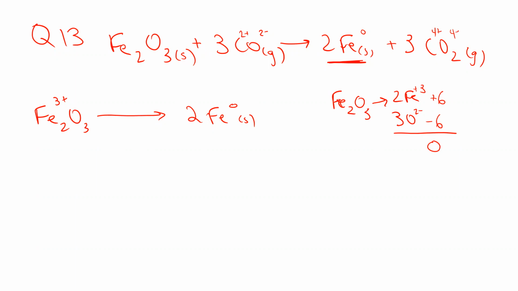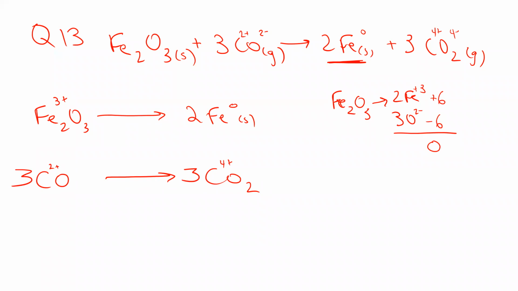So my other half of the reaction is carbon monoxide goes to carbon dioxide. That goes from 2+ to 4+. And I had 3 of those, and I have 3 of those.